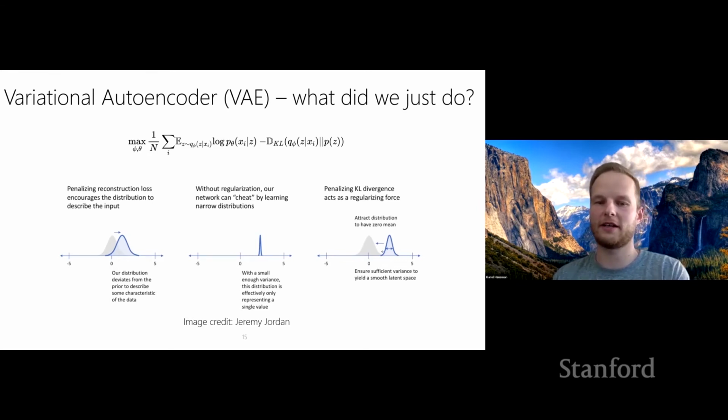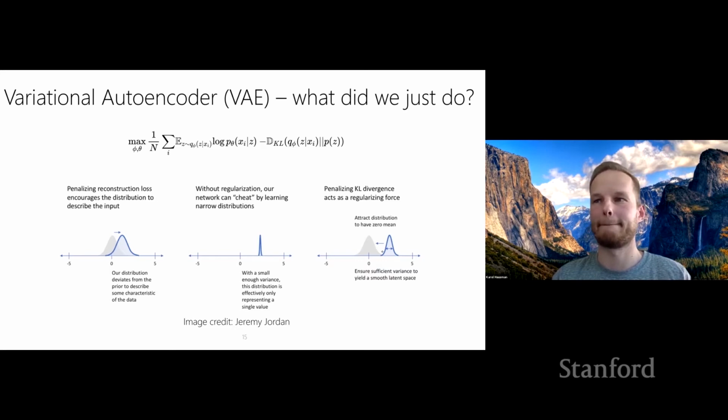There's one little caveat that we haven't talked about, which is how do you backpropagate through all of this? And this is by using the so-called reparameterization trick. There are certain distributions that we know how to do the reparameterization trick with, such as Gaussians, it's fairly easy, and such as some discrete distributions. So some people use discrete distributions there too, but I think Gaussian is by far the most popular choice.